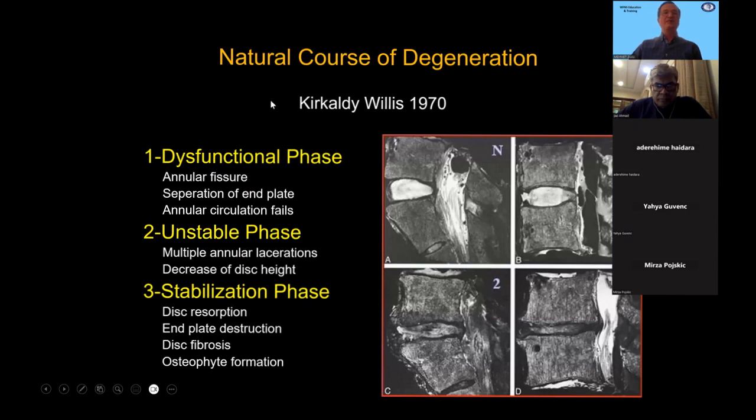And we know from Kirkcaldy-Willis there are three phases of degeneration. First is the dysfunctional phase, then the unstable phase, and then the body itself tries to stabilize the level of unstable motion segments.